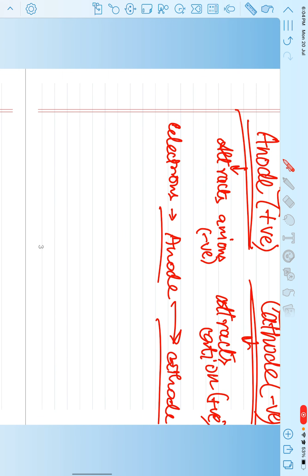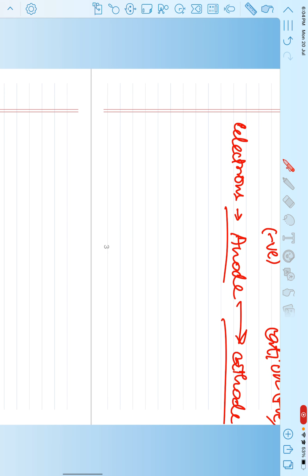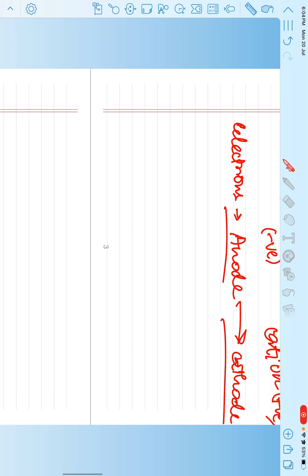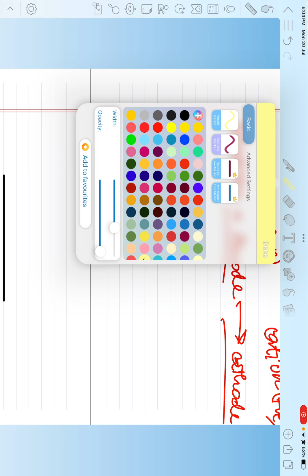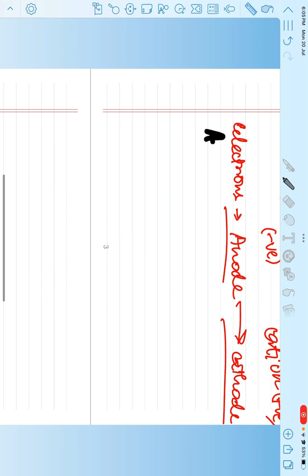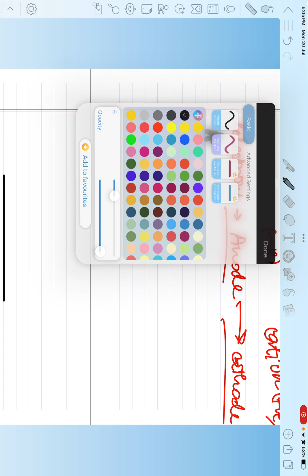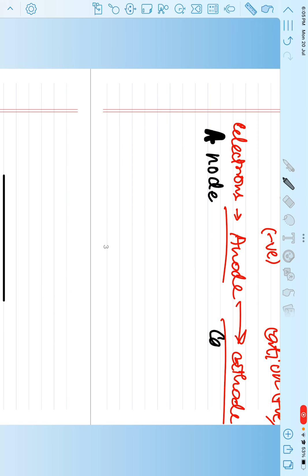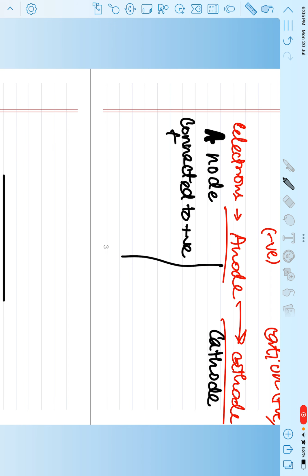After that, let's just discuss some differences between anode and cathode. Anode is a positive electrode that's connected to the positive terminal of the battery. Cathode is a negative electrode that's connected to the negative terminal of the battery. Anions migrate to the anode. Cations migrate to the cathode. Okay, let me just differentiate quickly between an anode and cathode. Anode is here, cathode is here. Connected to positive terminal of battery. I'm just writing in short.